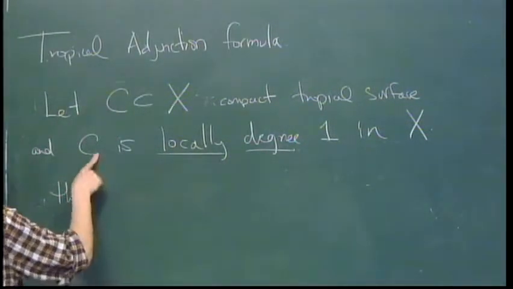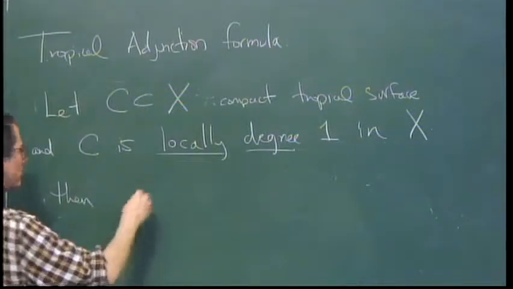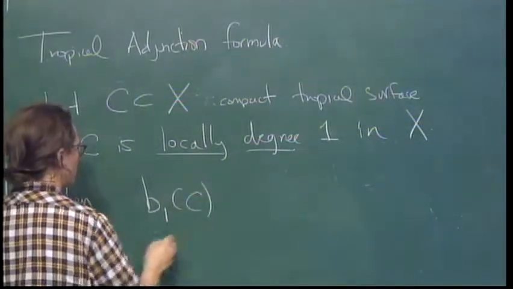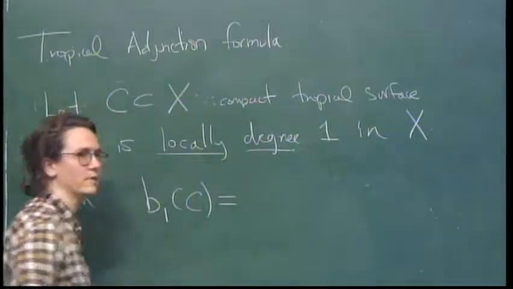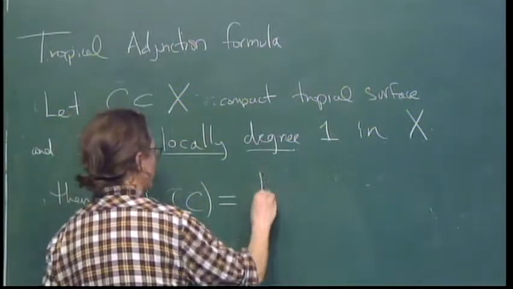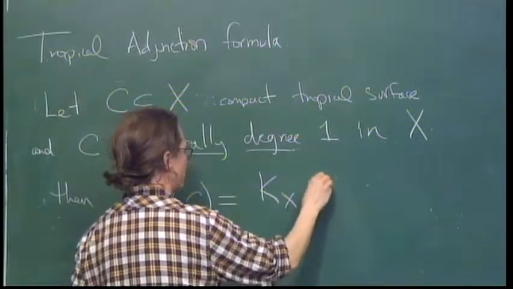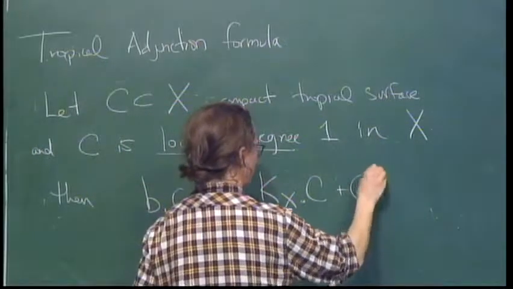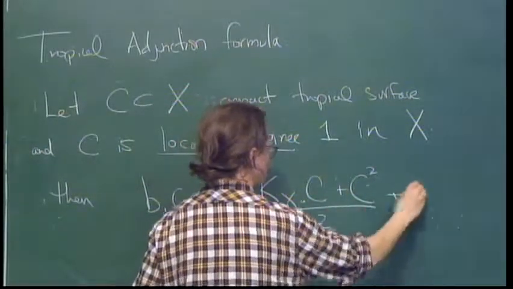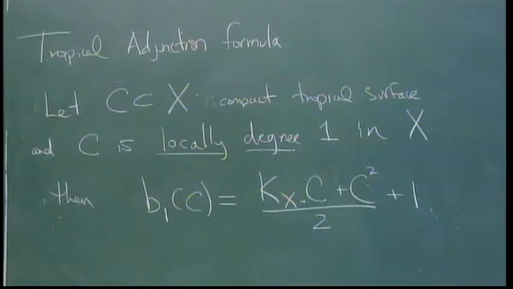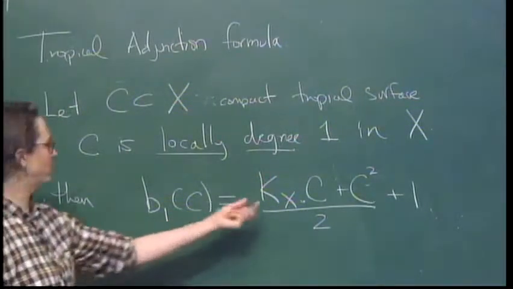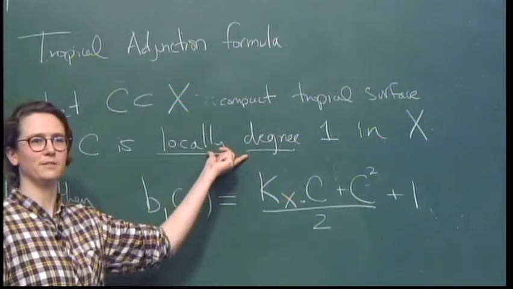Then, so this is just an abstract tropical curve, so it's a graph. Its first Betti number, which we've seen before as representing its genus, is equal to what the classical adjunction formula would say. So maybe the only thing that I should explain to you now is what this is and what this condition means.